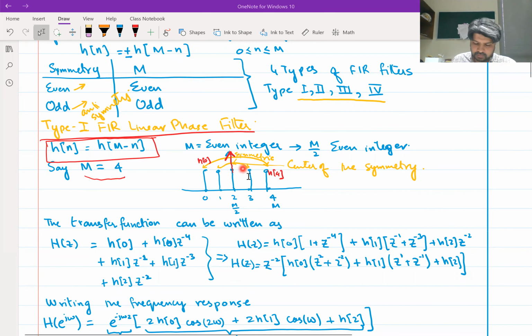Right, ये देखें ये आपस में ये दोनों इक्वल हैं. So h of 1 z to the power minus 3 and h of 4 must be equal to h of 0 z to the power minus 4.